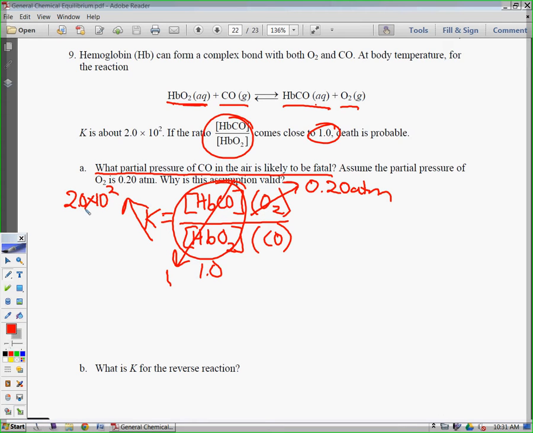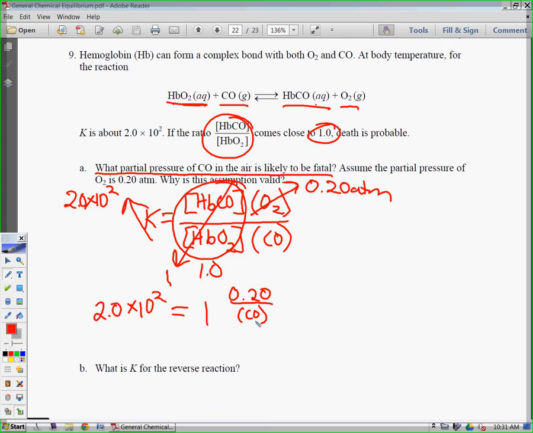All right, if you came here looking for hints, try to solve it yourself from this point forward. You don't need the rice table. All right, once I plug all that in, I get 2.0 times 10 to the 2 equals, we know that reduced to 1, 0.20 over the concentration of CO. So we're trying to solve for the amount of CO. All right, we know that 1 doesn't really matter here.